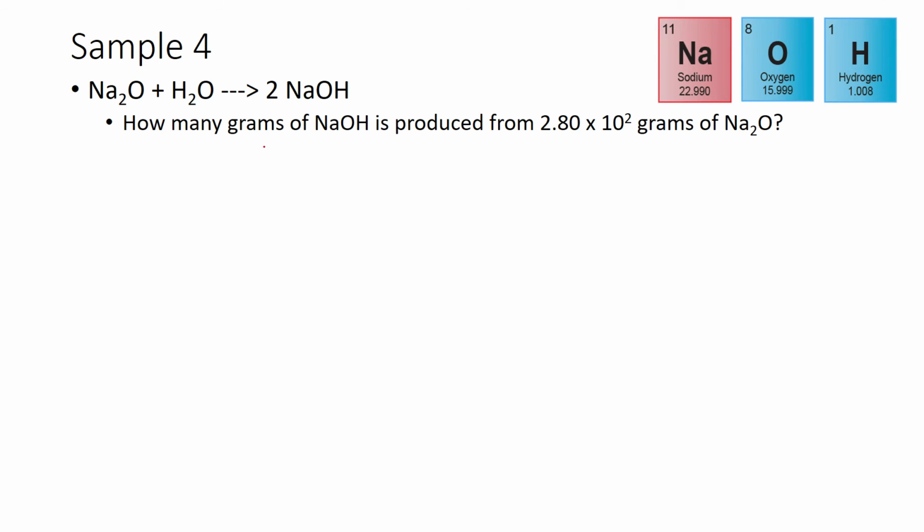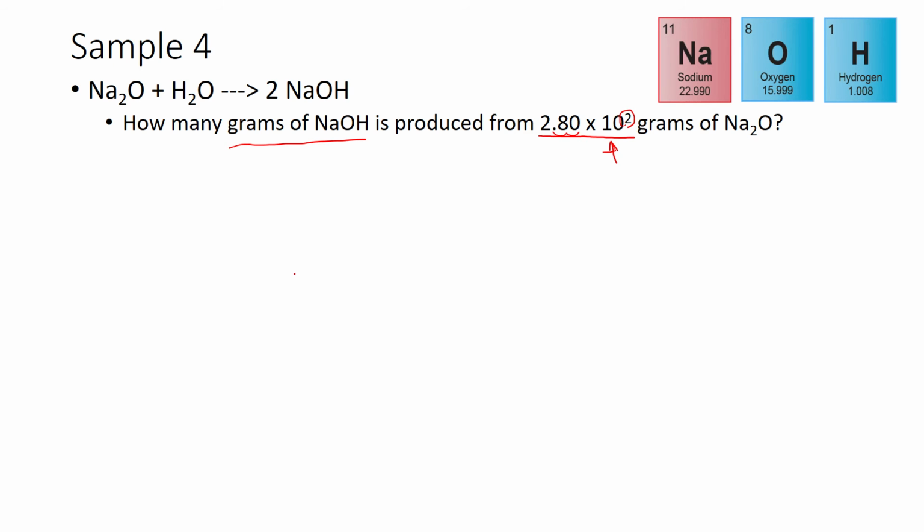Here, how many grams of sodium hydroxide is produced from 2.8 times 10 to the second power grams of sodium oxide, Na2O? Don't let the exponent scare you, right? This just means that we got to move the decimal 2 times over, 1, 2.